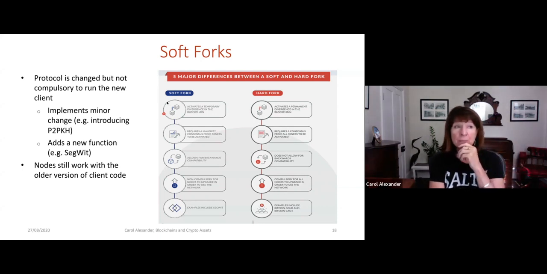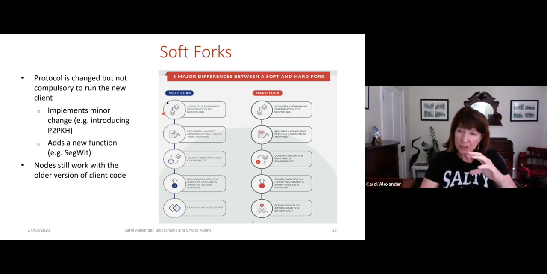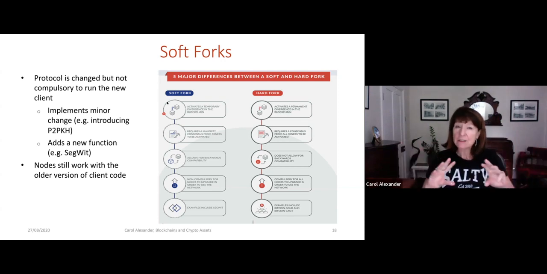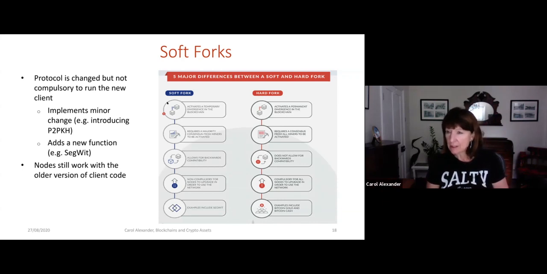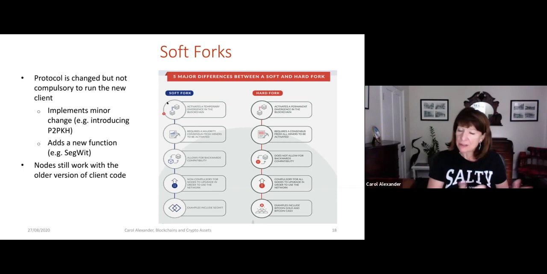For example, implementing pay-to-public key hash, which we'll talk about in the next video, or the segregated witness, which was a new function that allowed a sort of segregation of all the transactions from the block headers, so that it required less storage capacity for running the network and speeded things up. But this is still backwards compatible. When you download a new client, it's like new versions of Windows. They're still compatible with the older version.